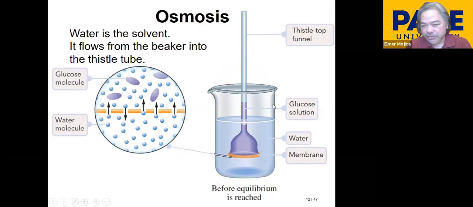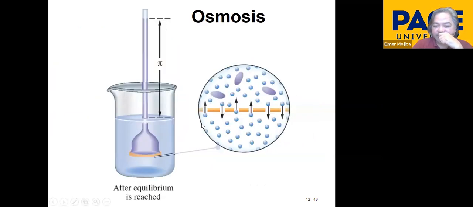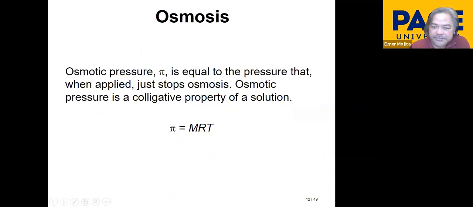The membrane is around here. This is the water and this is the glucose solution. The pressure needed to stop the osmosis from taking place is your osmotic pressure. So osmotic pressure is equal to the pressure that, when applied, just stops osmosis. And osmotic pressure is a colligative property of the solution.